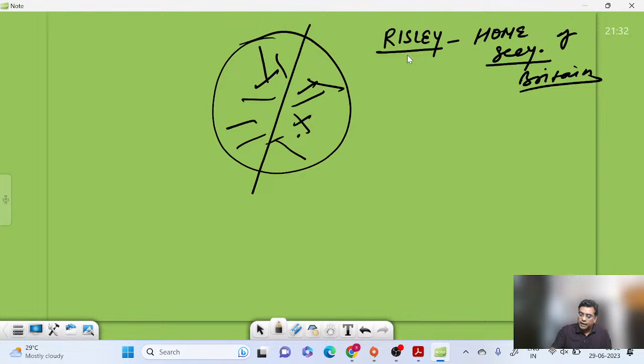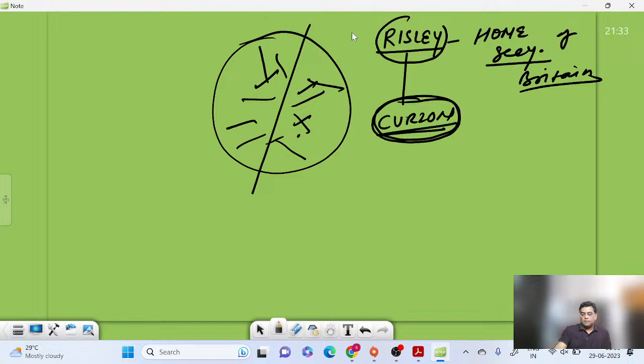And Risley had a talk with Curzon. Right? So Risley sent a telegram to Curzon, and Risley said symbolically that Bengal united is a power.